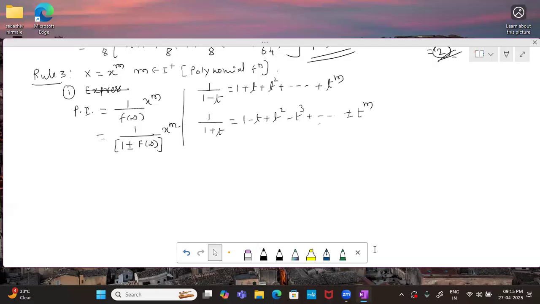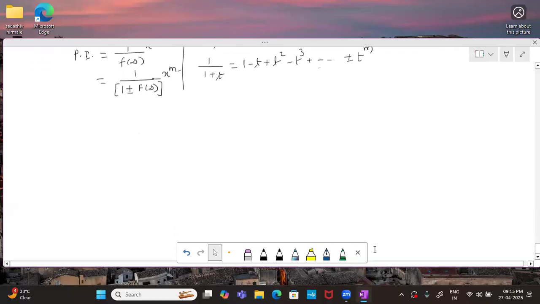Okay. And now we'll see rule number 4, the shortcut method. Capital X is e raised to ax into v.